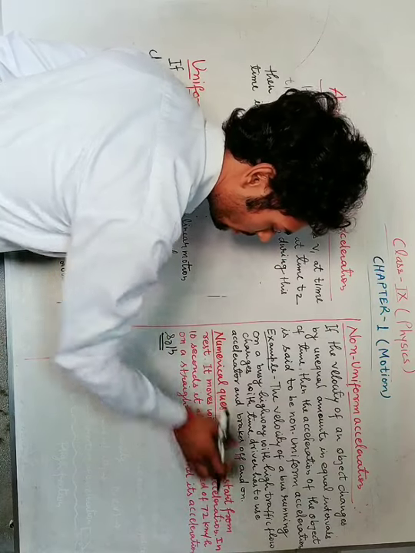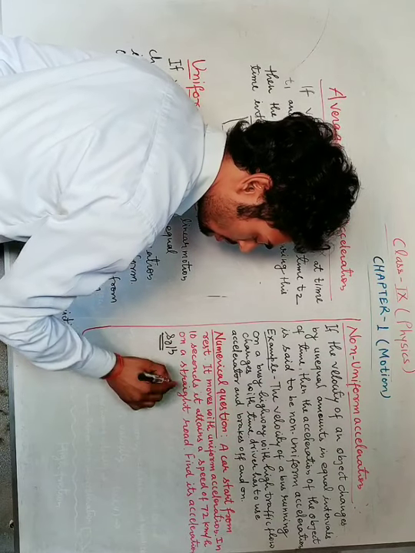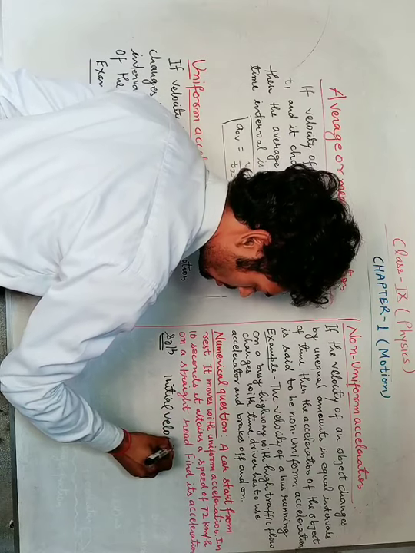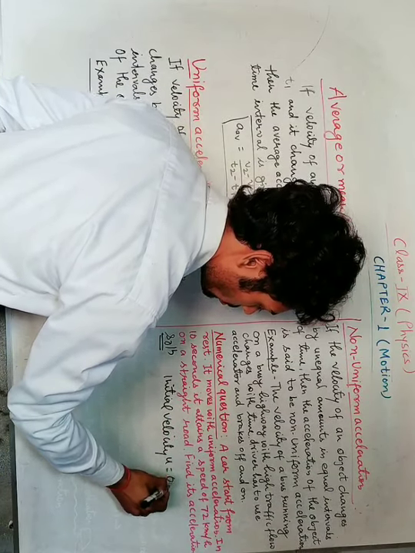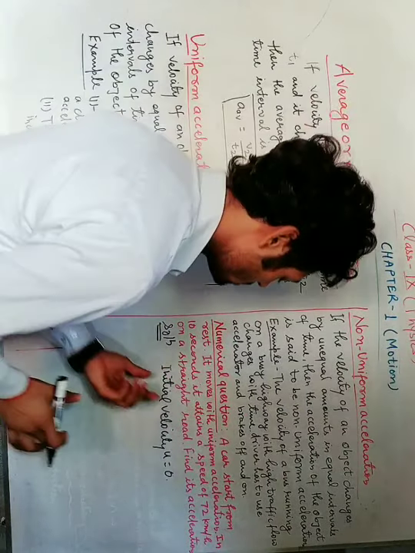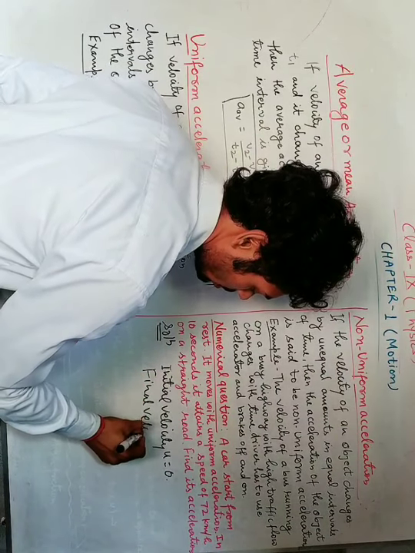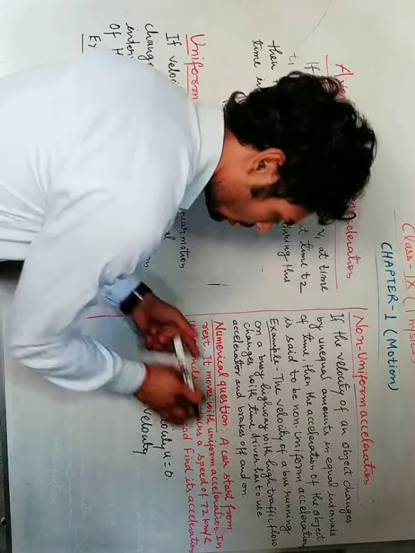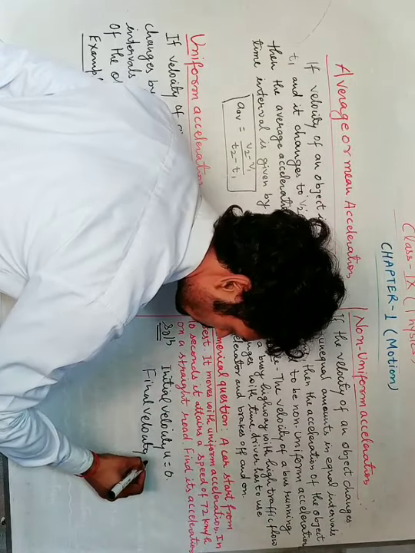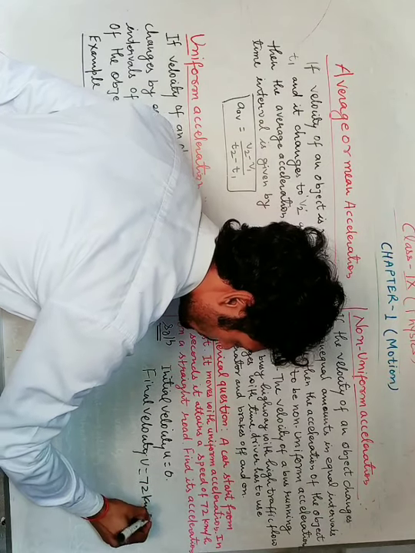A car starts from rest. So when the car starts from rest, its initial velocity u equals 0. The car has initial velocity u, and its final velocity is the speed it attains, 72 km per hour, so final velocity v equals 72 km per hour.